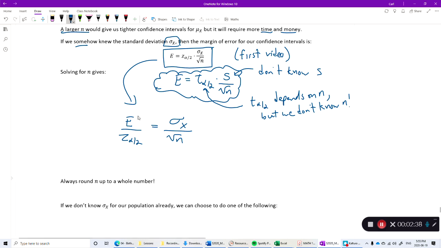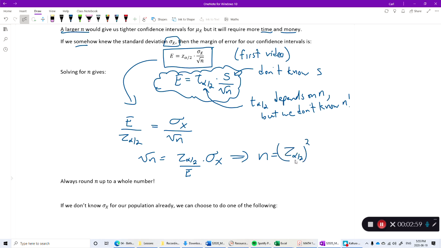If I cross multiply, I get square root of n is z alpha over 2 over e times sigma x. And that tells me that n is, I just need to square both sides. So it's z alpha over 2 squared over e squared, times sigma x squared. So that's my formula for the sample size if somehow I know sigma x.